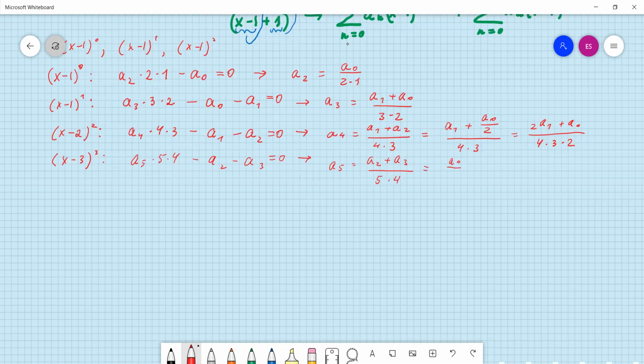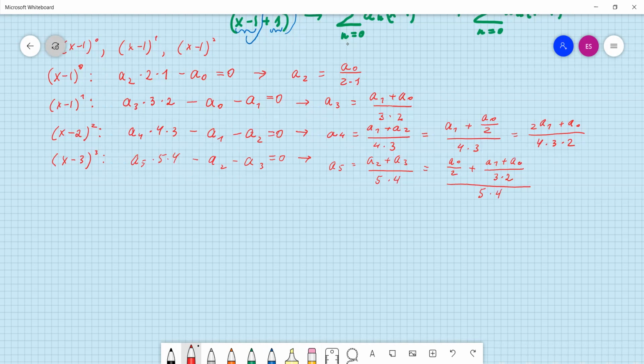That's a0 over 2, and then a3, which is a1 plus a0 divided over 3 multiplied by 2. This multiply is not like that multiply. And divided by 5 and by 4, of course.